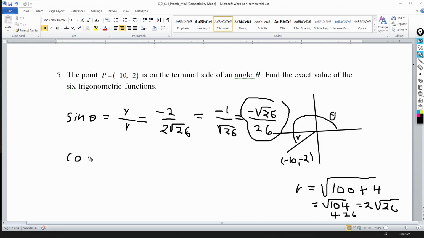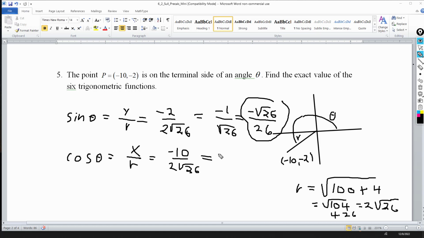Now the cosine. Again, we're looking at angles in standard position, which are derived from what we learned from the unit circle. The cosine of theta is x over r, where x is the first component of the point on the terminal side, and r is the radius of the circle, or the distance that point is from the origin. The first component, x, is negative 10, and r is the same, 2 times the square root of 26.